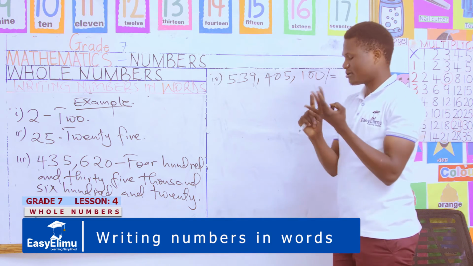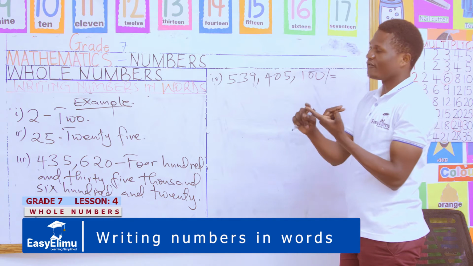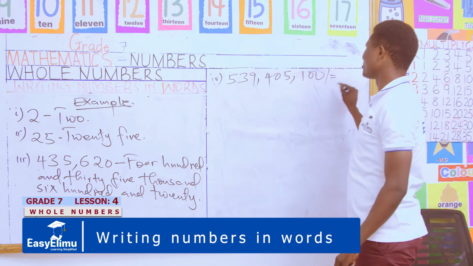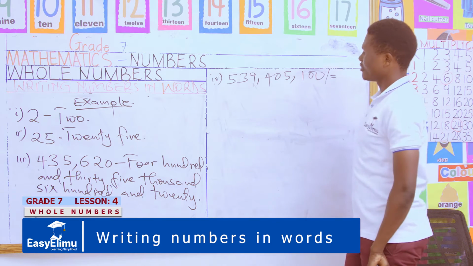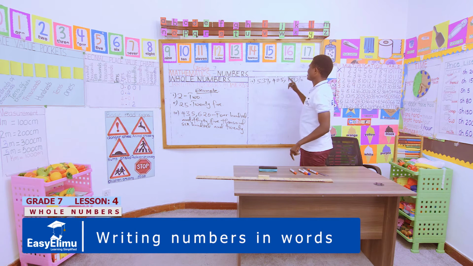But if it's the number of people, shillings or amount of money, mass, volume, or whatever it is, you must always define your answer. So for example, in this case, this is someone's future salary. So we have to declare it is shillings.